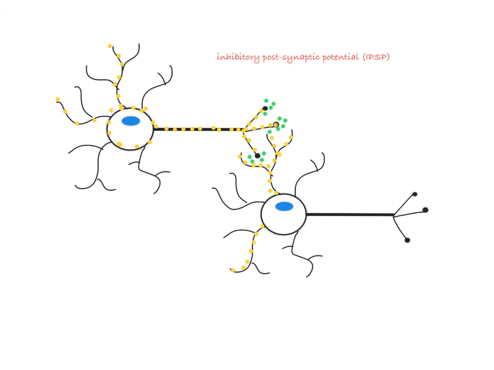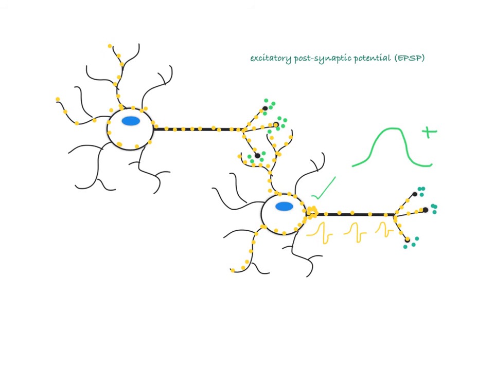And when this potential increases, if there are enough increases, then the action potential will fire because the axon hillock has met that threshold. So excitatory neurotransmitters are going to make an action potential more likely to fire, whereas inhibitory postsynaptic potentials are going to make a neuron less likely to fire because they're decreasing the membrane potential.